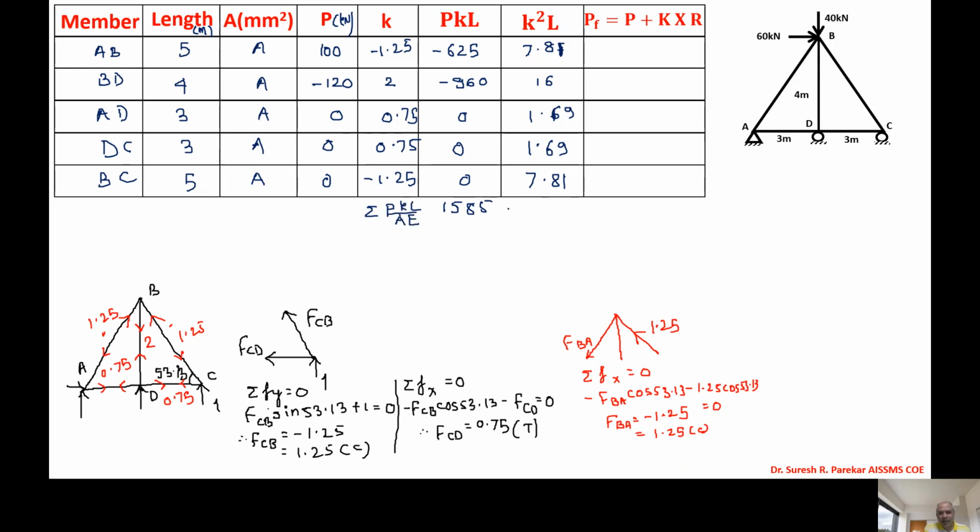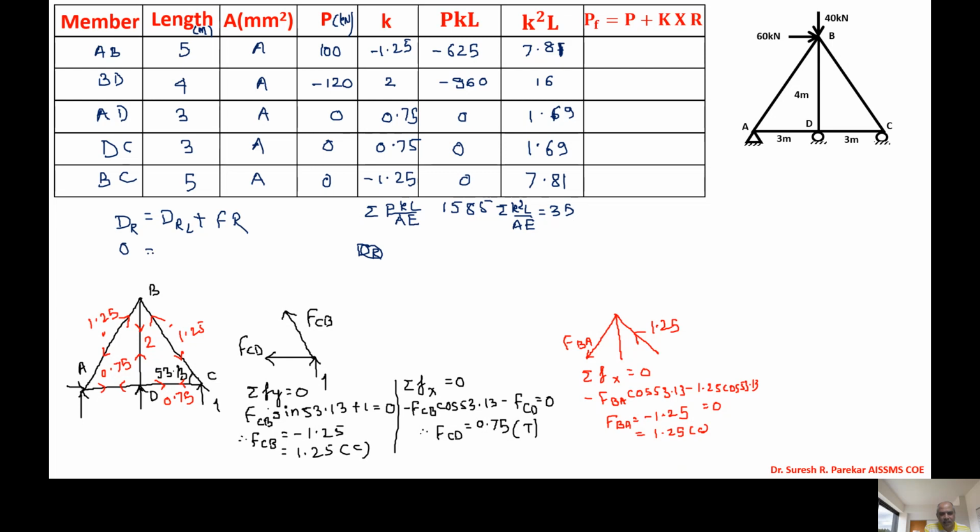E is constant. If we calculate summation K square L upon AE, we get a value equal to 35. Then we use dr is equal to drl plus f into r.